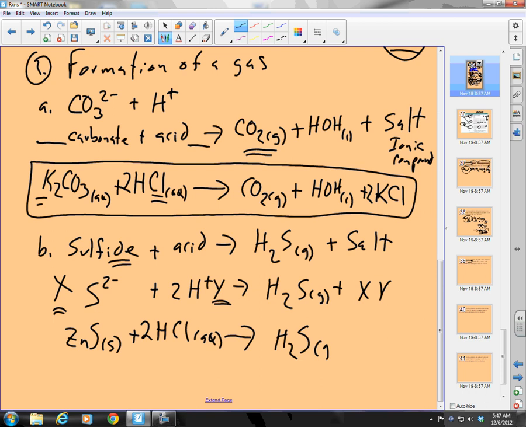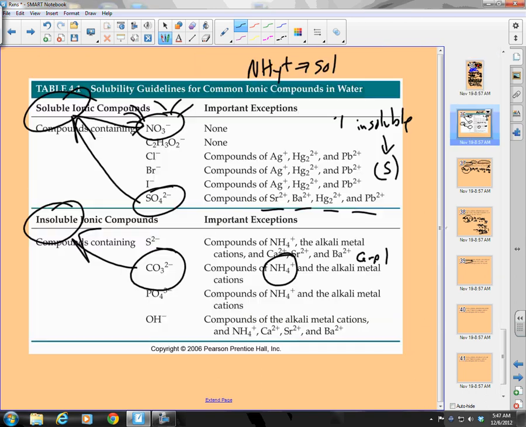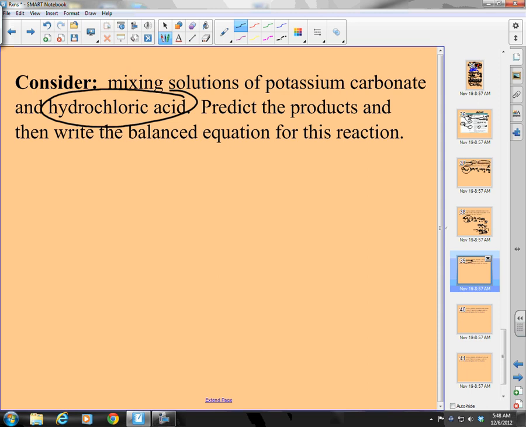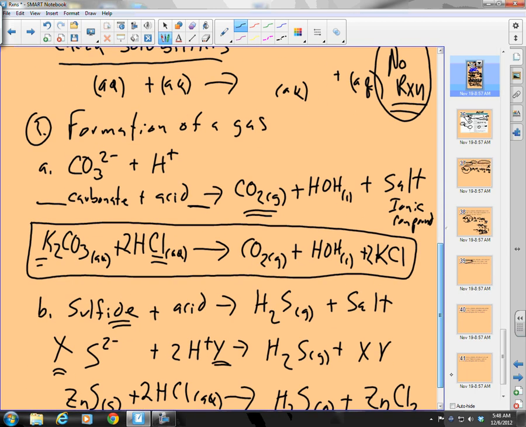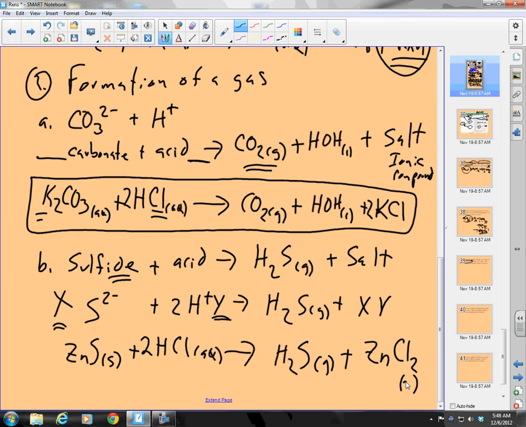And that's going to be a gas plus my zinc chloride, right? And zinc chloride, well, you know what we have to do? We'd have to check out our solubilities. Chlorides are soluble except those guys. I don't see zinc, so that would mean this is aqueous.